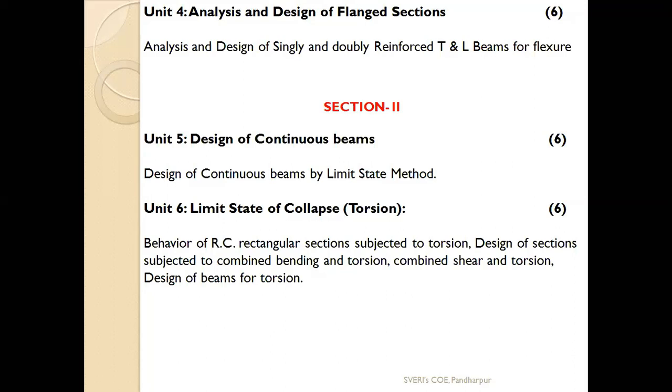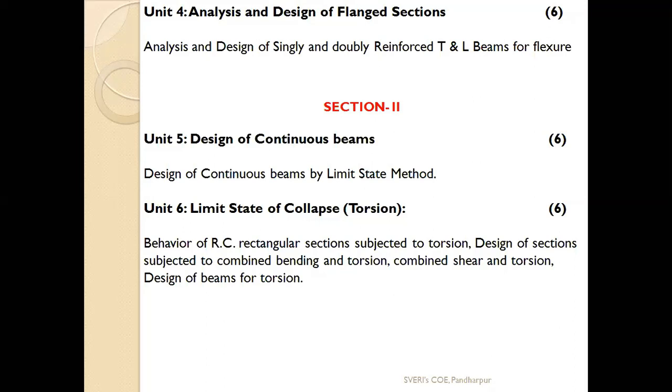As we see in the second unit in design of slab, there is one bit, design of one-way continuous slab. The procedure of designing a one-way continuous slab and designing a continuous beam is almost the same.